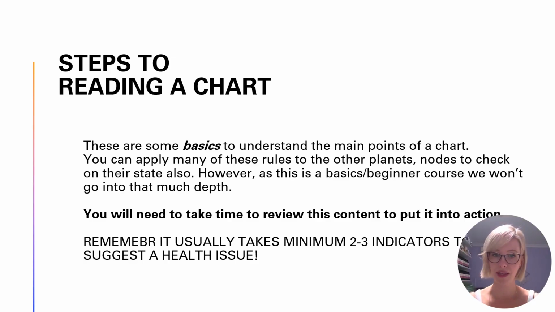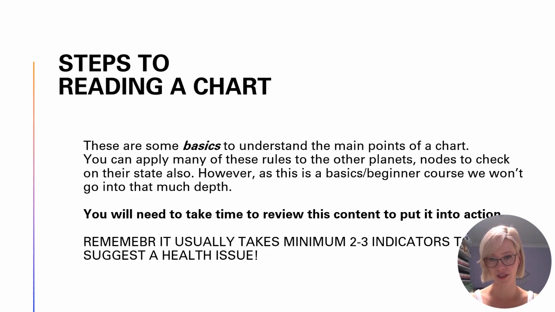And just remember that it usually takes minimum 2 to 3 indicators to suggest a health issue. So perhaps you have a square, a challenging aspect to Mars. Does that mean you have a constitutional predisposition to inflammation because Mars is challenged?